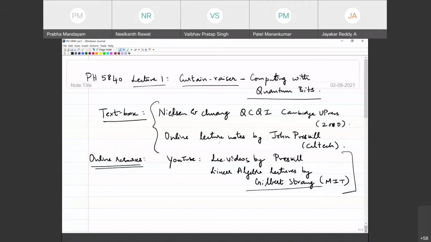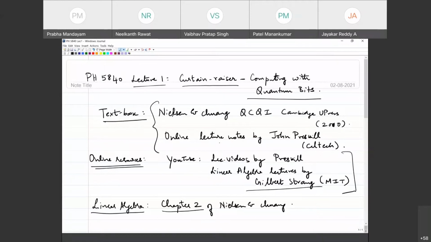As far as the linear algebra background is concerned, I would simply also recommend chapter 2 of this Nielsen and Chuang book. Okay. Because chapter 2 basically covers all the background that you need for this course. Okay. It covers both linear algebra and quantum mechanics.